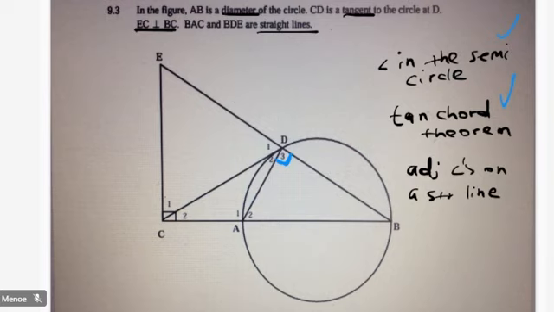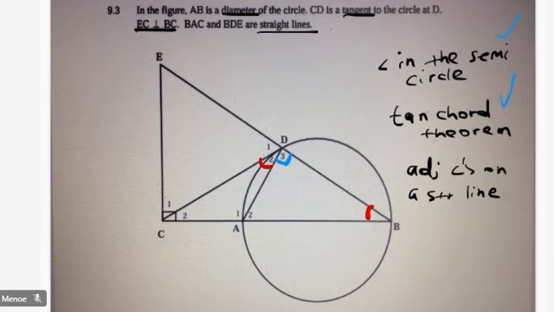Now let's talk about the tan-chord theorem. This is our tangent, and this angle is opposite to this angle, meaning now we can say that D2 will be equal to B because of the tan-chord theorem.